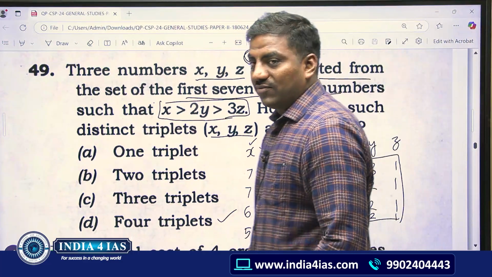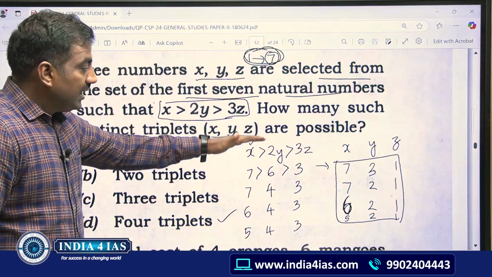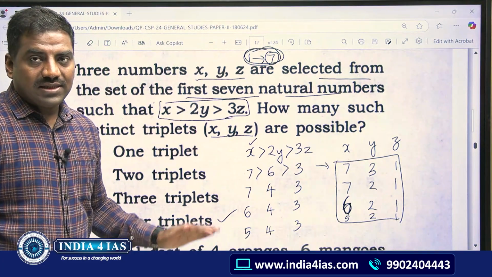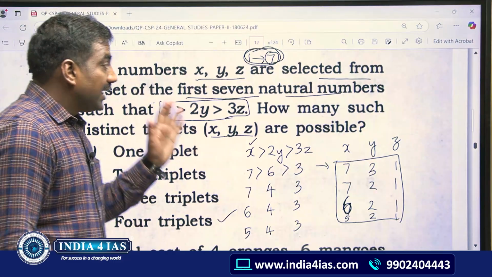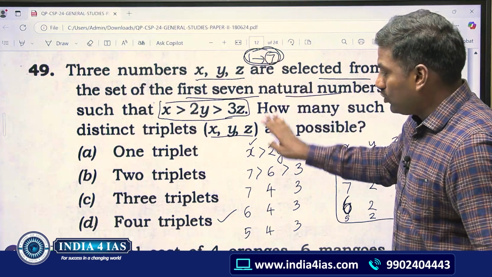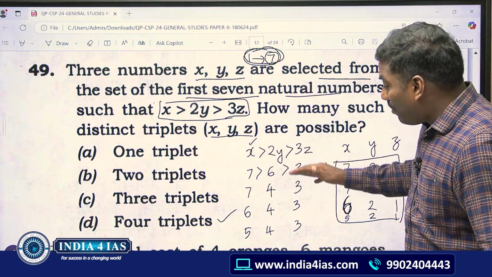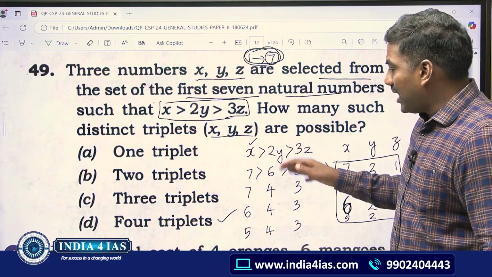I know this is one of the toughest, because you have to go through these chances. It will consume time in the examination hall. That is why you have to be extra careful while selecting these questions. Though it is very simple, 1 to 7 only we have to put, the number of iterations that we have to make will take more time. So be careful here.